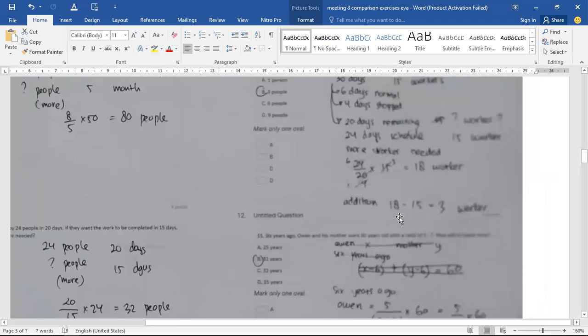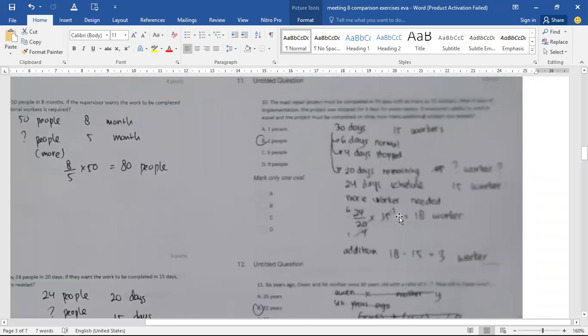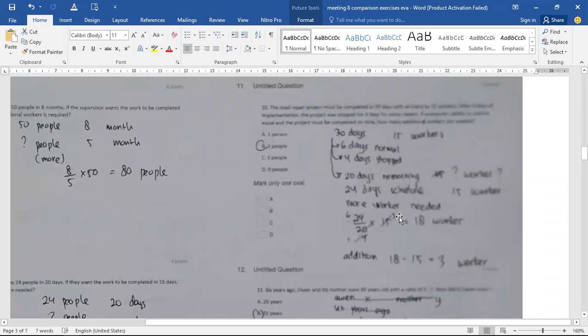So that's the difference between identical and reverse value. Now here's a longer story.